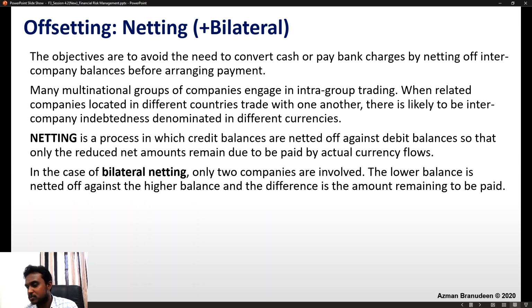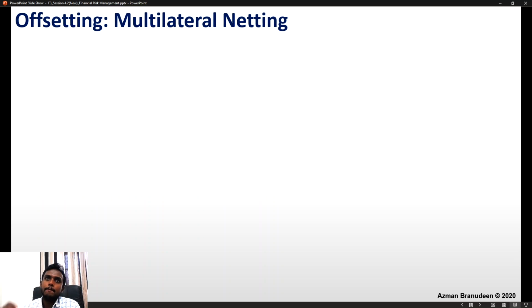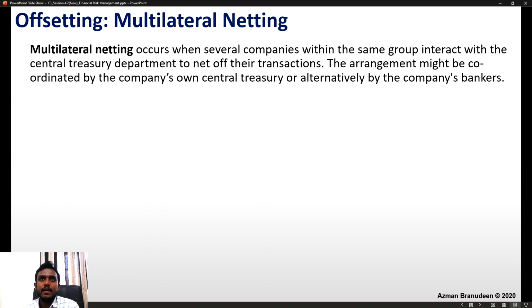So it's almost like matching but intra-group. Multilateral netting occurs when several companies within the same group interact with the central treasury department to net off their transactions. The arrangement might be coordinated by the company's own central treasury or alternatively by the company's bankers.